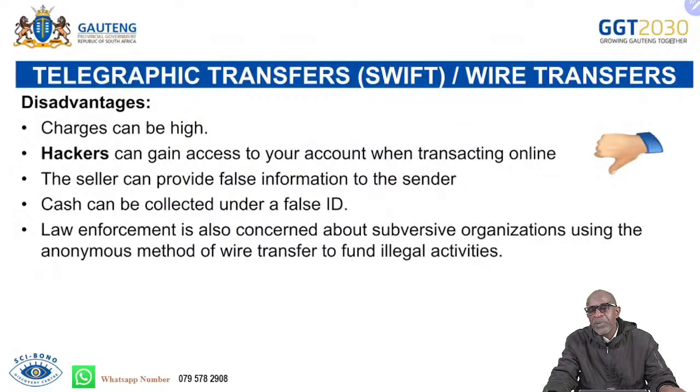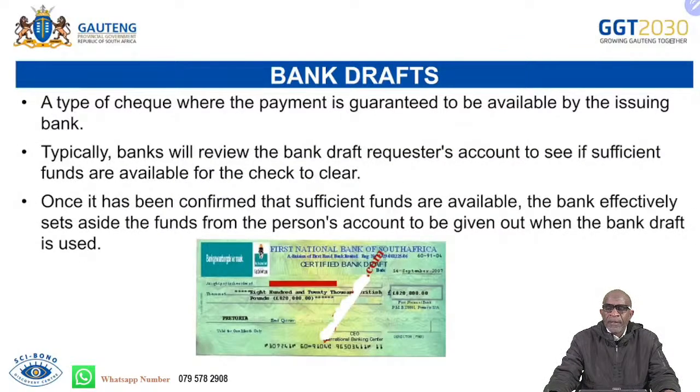So it may be used to pay for illegal activities. Those were the disadvantages of using the SWIFT method or the wire method of paying for transactions or transferring money to people of your own, or whoever you want to pay.